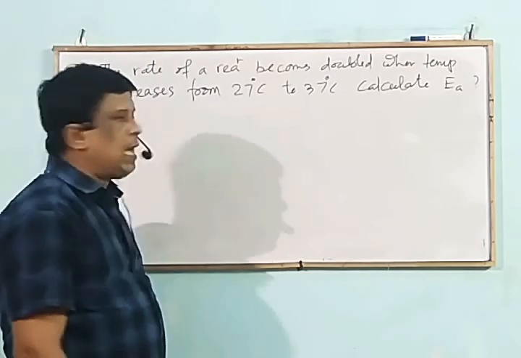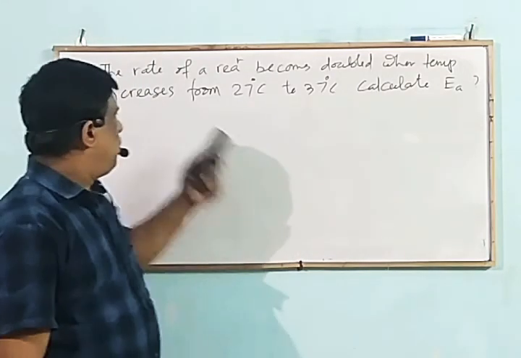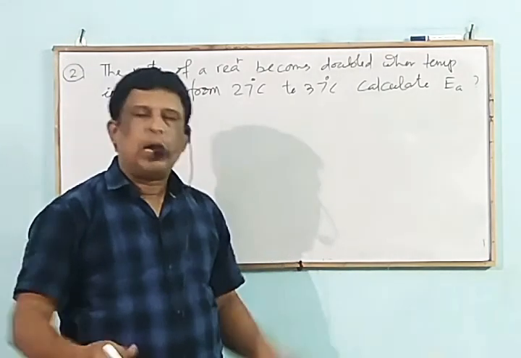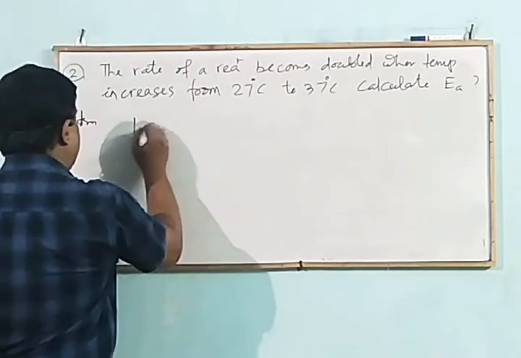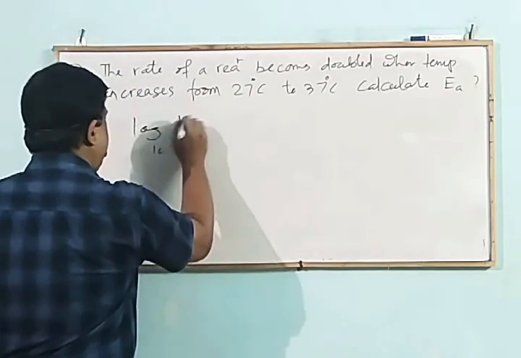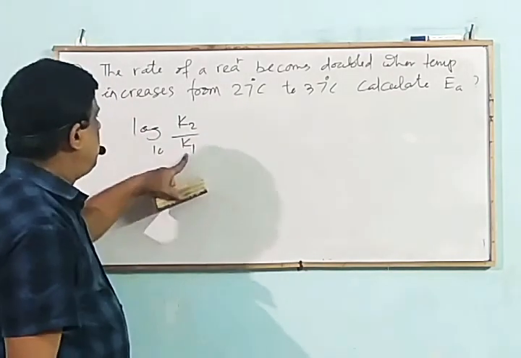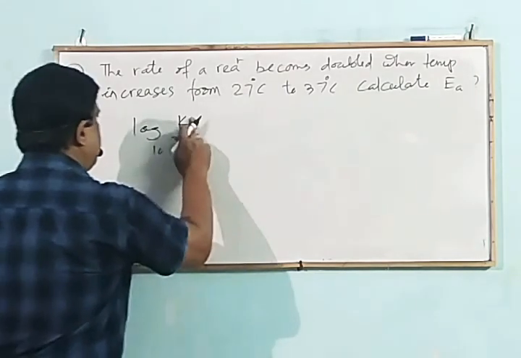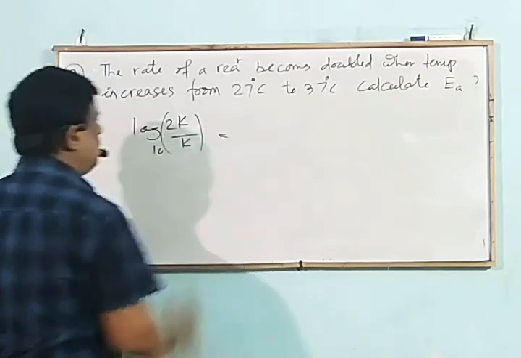The rate of a reaction becomes double when temperature increases from 27 to 37 degrees. So we apply the data to the formula, that is the answer. Log base 10 K2 by K1. Suppose K2 is double that of K1, that is 2 K1. In place of K2 we write 2 K1.